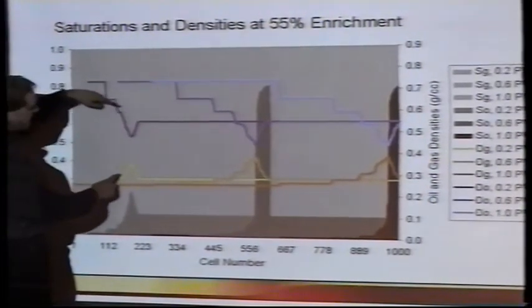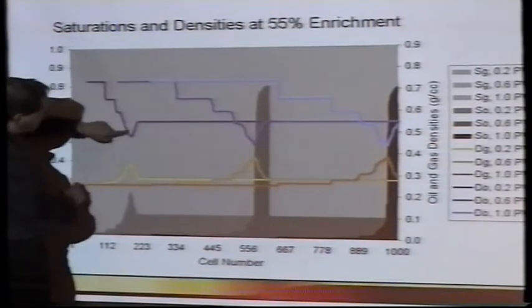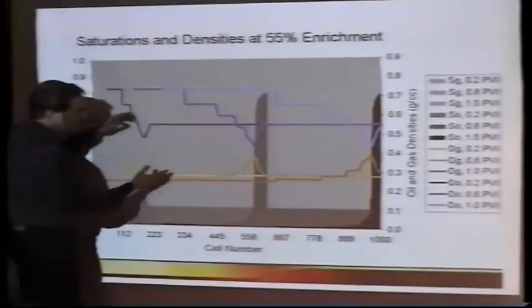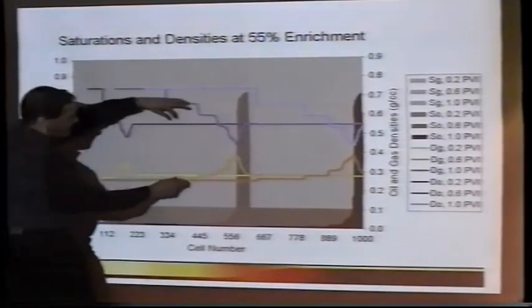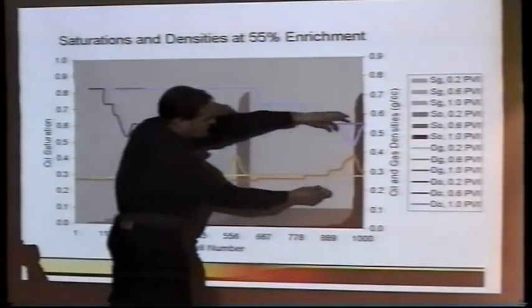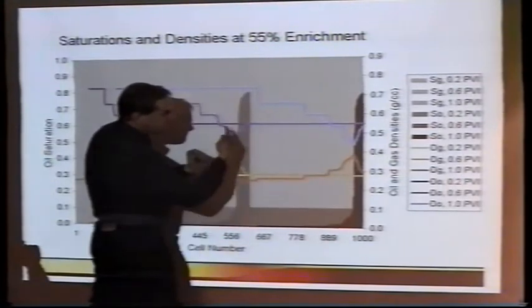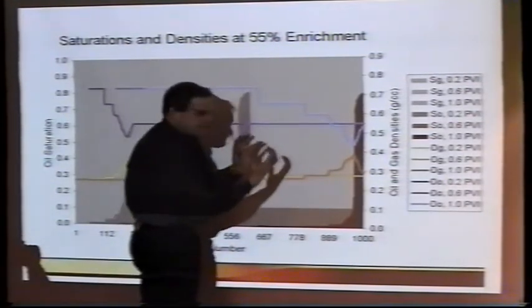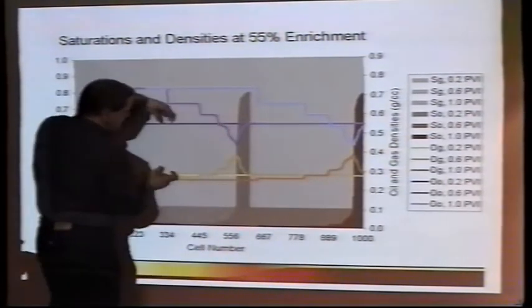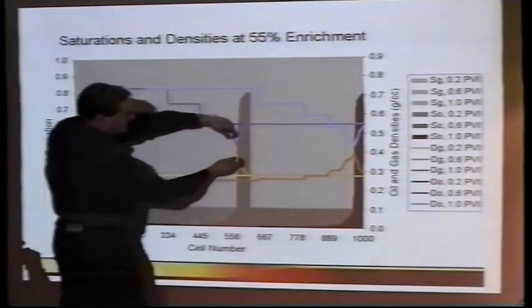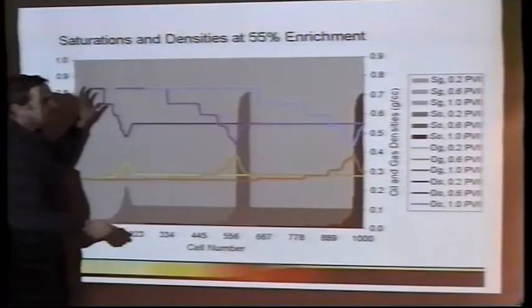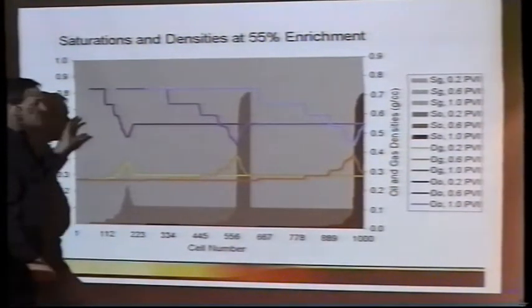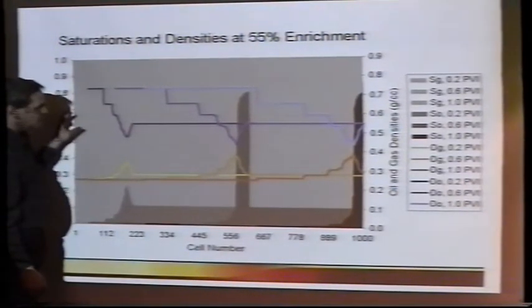Meanwhile, here are the densities of oil and gas, also at these 3 snapshots. You see that as you go farther downstream, in the front region, the densities become closer and closer, but they never quite reach, even though this is above the minimum miscibility enrichment level.